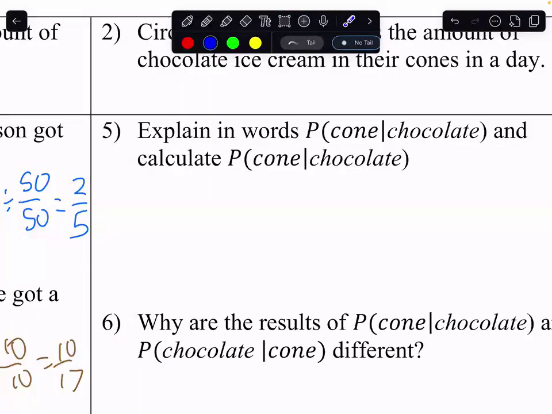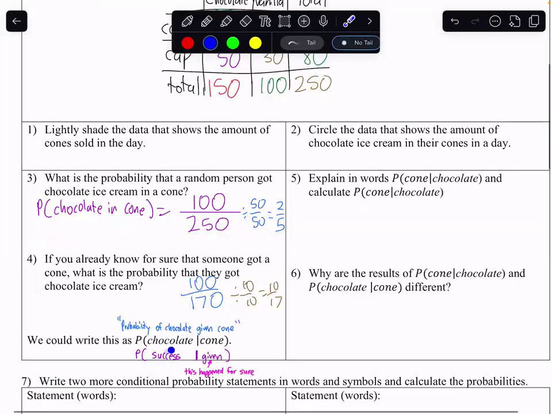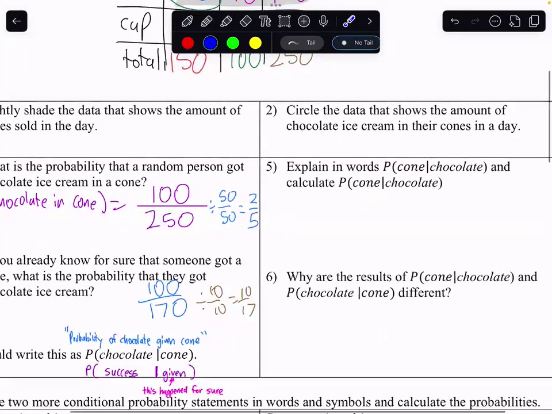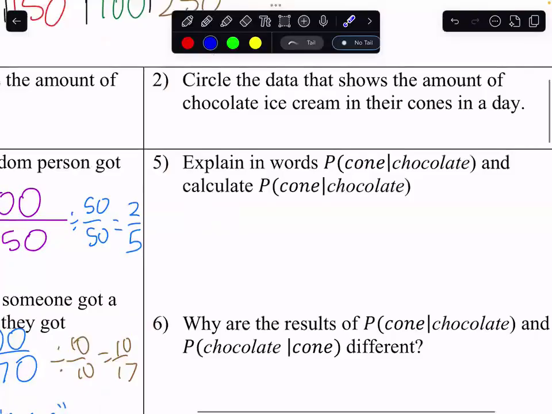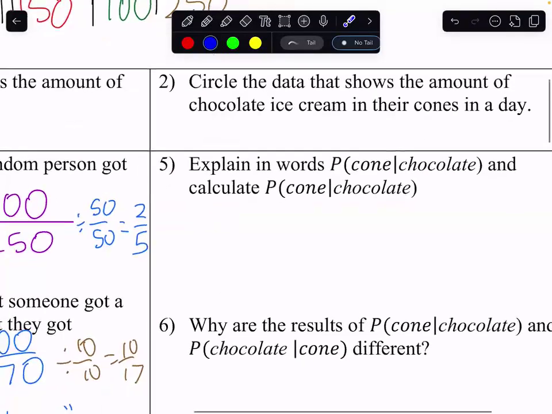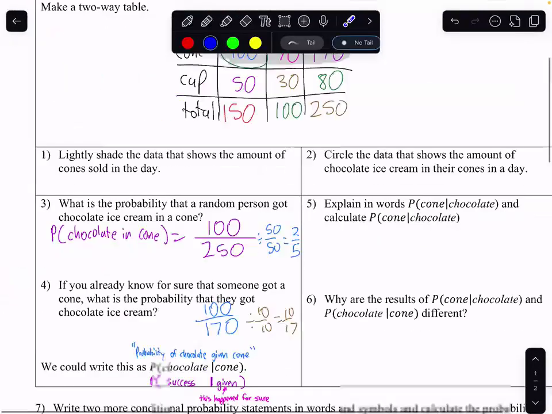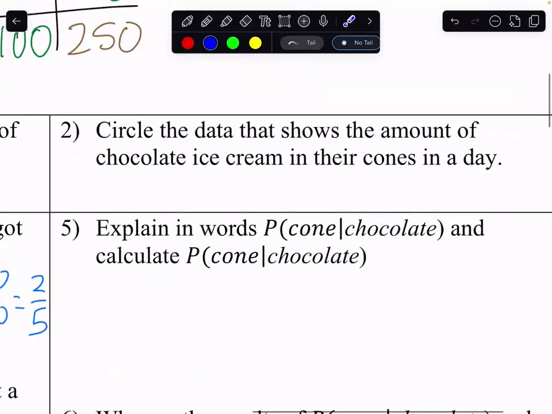Okay, so you may have noticed, it's the same two words, chocolate and cone, but this time the word cone comes first in the parentheses, and then after the bar is the chocolate. So that does switch what's considered a success and what's the given. This time the chocolate part is given.